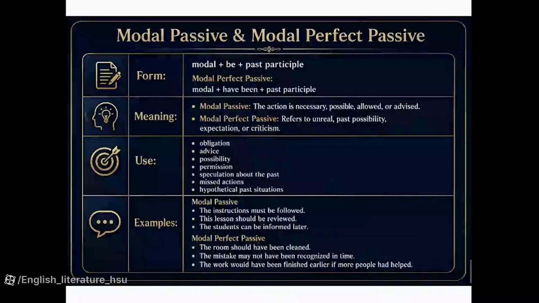So, modal passive means that the action is necessary, possible, allowed, or advised. And modal perfect passive refers to unreal past possibility, expectation, or criticism. We use these modal passive forms for obligation, advice, possibility, permission, speculation about the past, missed actions, or hypothetical past situations.